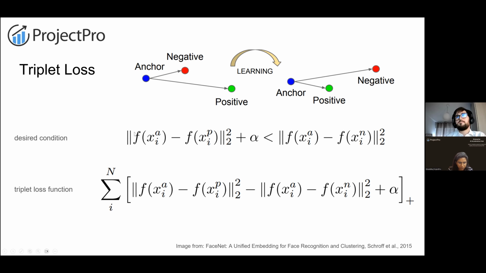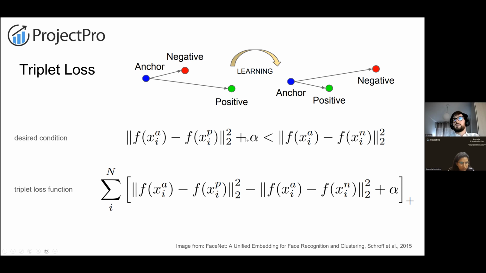So we don't necessarily want this distance, the distance between the blue and the green dots, to be 0, because that will be too restrictive. We will lose representation power because it's a very strict condition. And also, we don't want the distance between the anchor and the negative, between the blue and red, to go to infinity, because also that will be too restrictive.